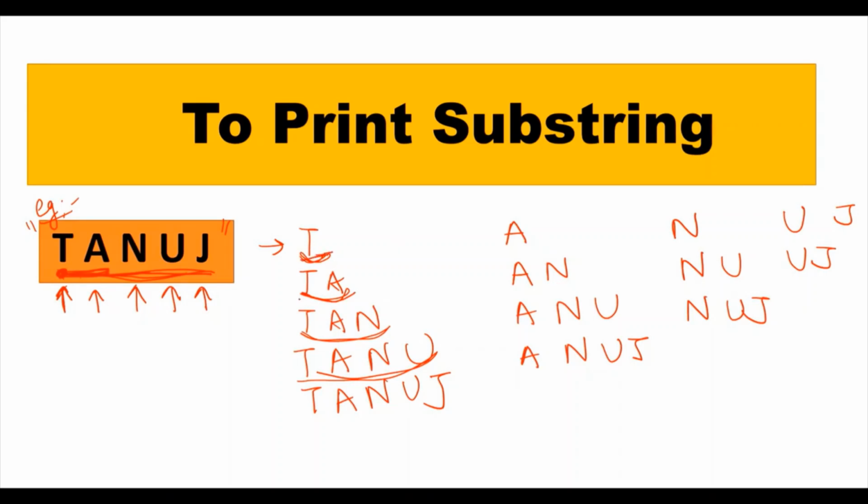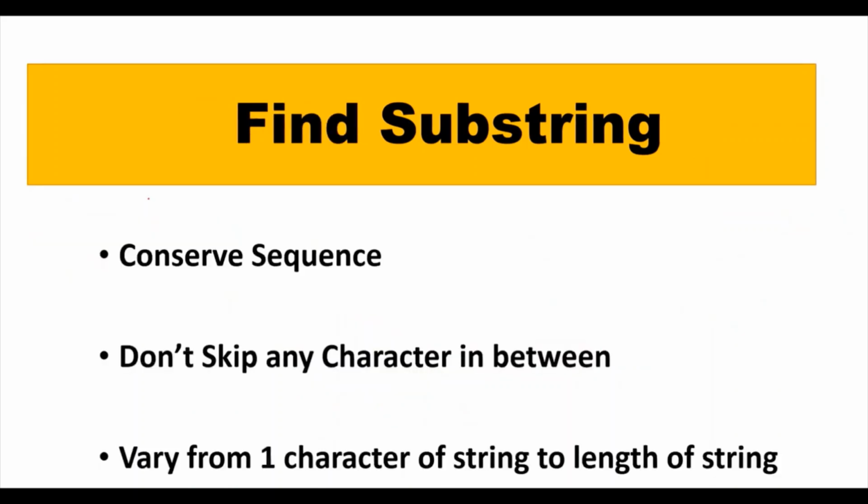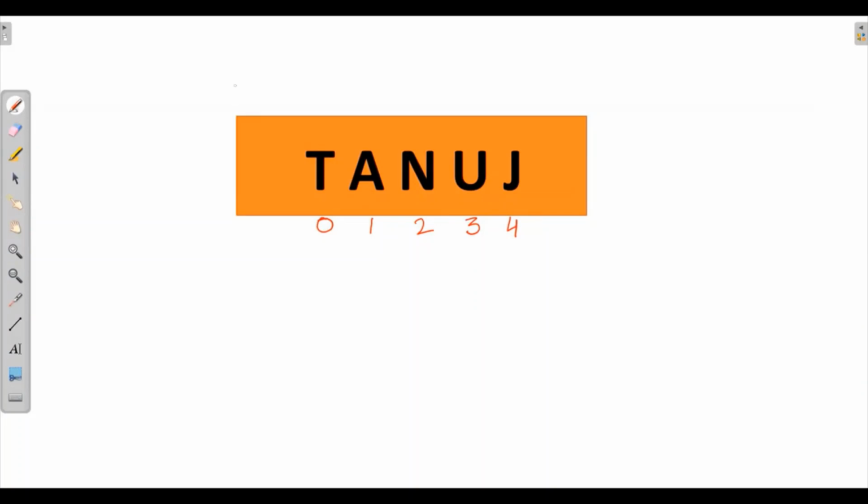First is T, then TA, TAN, TANU, TANUJ. Here it will never leave a single character in between, which we have discussed. It should conserve sequence. You should not skip any character in between. And the length of the substring can vary from 1 to the length of the string. Till now, we have discussed what a substring is.